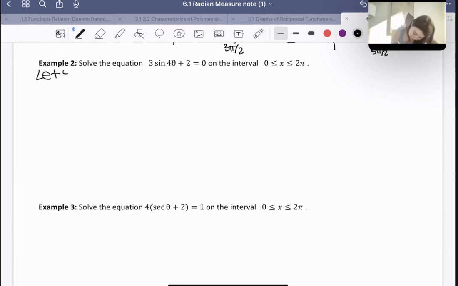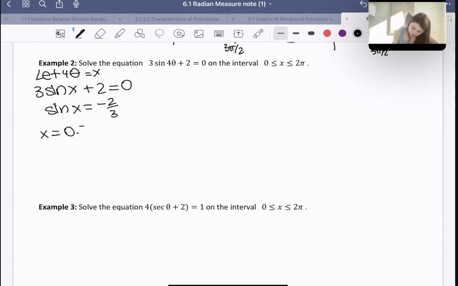Let's let 4 theta equal to x. So in that case, we have 3 sine x plus 2 is equal to 0. So therefore, sine x is going to be equal to negative 2/3. And so x is going to be equal to 0.73.